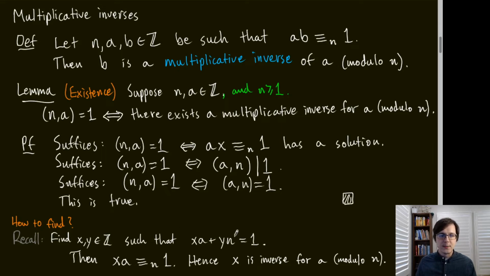Then if we take this modulo n, y times n is 0 mod n. So we have x times a is congruent to 1 mod n. Hence, the x that we found through this process is the multiplicative inverse for a modulo n.